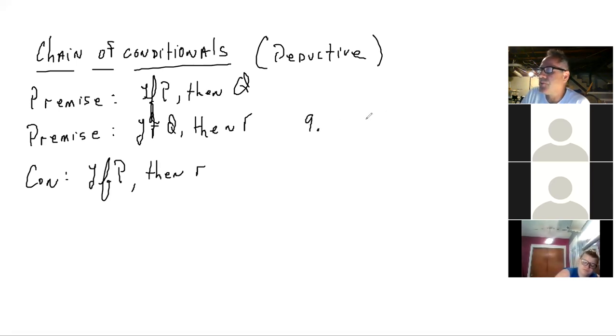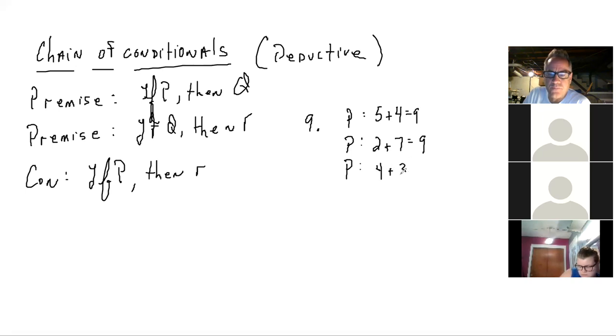Determine the truth of the premises of the following arguments, then assess the strength of the argument, and discuss the truth of the conclusion. I'm going to use P for premise here. It gives 3 premises. The first one is 5 plus 4 is equal to 9. The next premise is 2 plus 7 equals 9. The last one is 4 plus 3 equals 9.